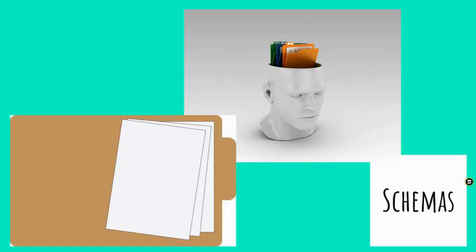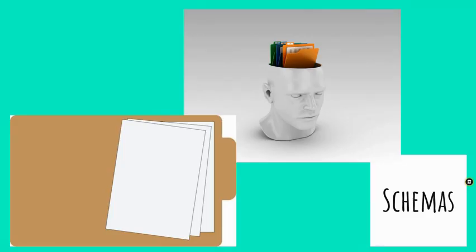Within those schemas, Piaget believed that when we're children, this is our time when we are developing our schemas, right? This is the time when we are adding to those file folders, we're taking away from those file folders, we're creating new file folders. And so childhood is this time of being exposed to a whole lot of new information.